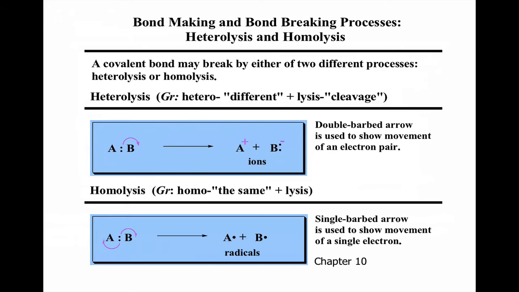What else does it tell me in words? B is more electronegative. How do you know that? Electrons are moving to B, right? What else is this telling us in words? Pushing B out. I mean, that's not untrue, but I don't know if it's terribly descriptive.